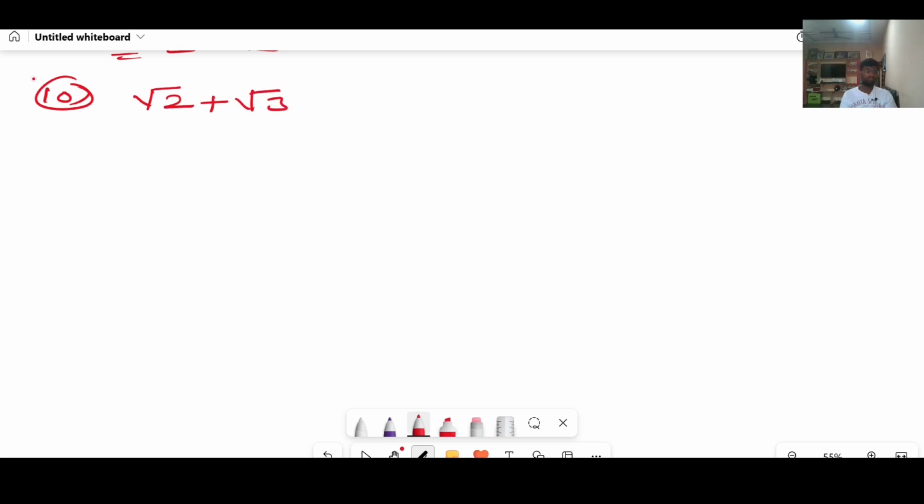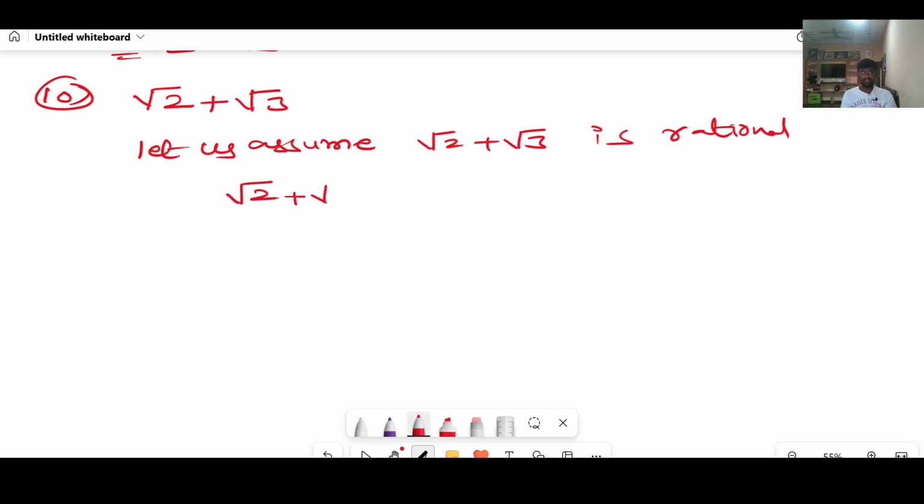Here it is root 2 plus root 3. What is the first step? Even though we know this is an irrational number, we will assume this as a rational number. Let us assume root 2 plus root 3 is rational. If it is rational, we can write root 2 plus root 3 equal to a by b, where a, b are co-prime integers.